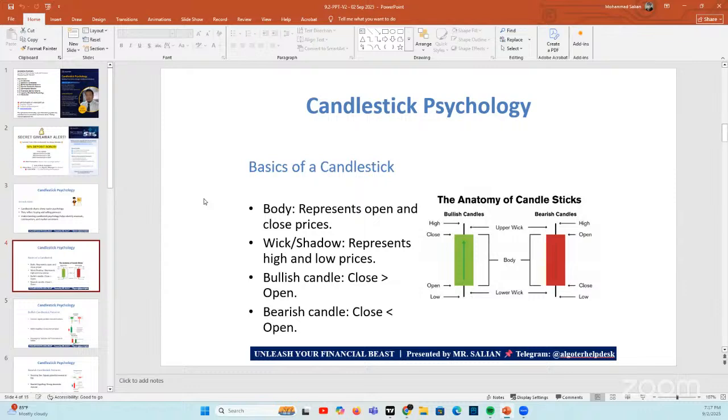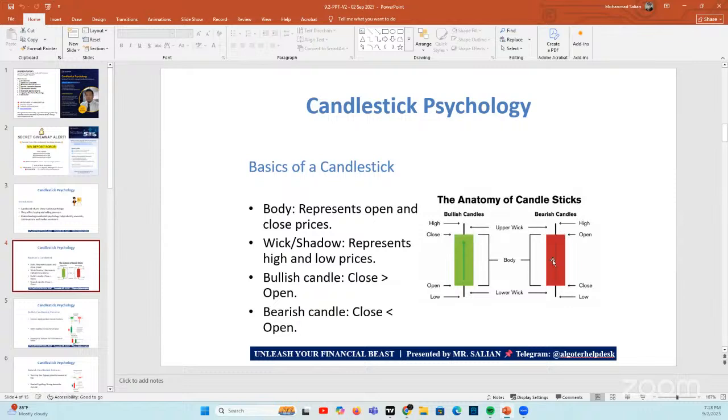So the basics of a candlestick is like, there's a body like this for the bullish one and the bearish one. The body represents the open and close of the prices. So for a bullish candle, the price opens here, goes down to its low, but goes back and makes this body all the way up there, hitting this high, but retraces, closing at this price.